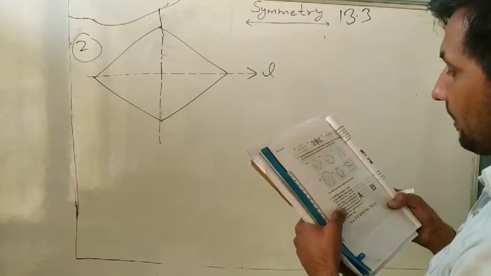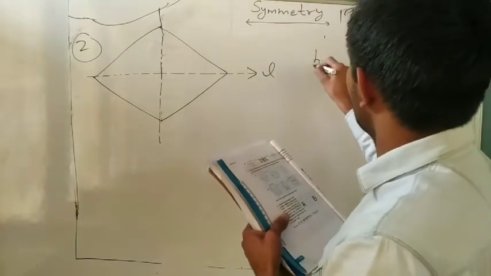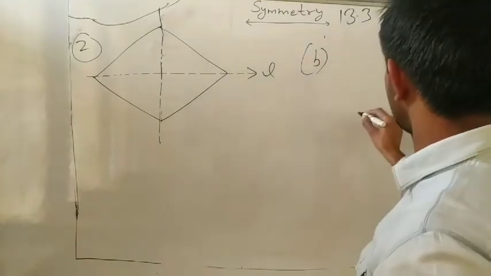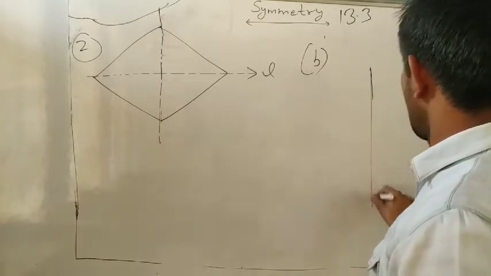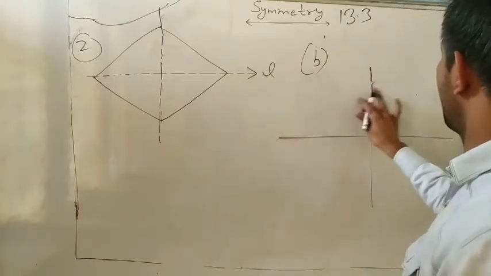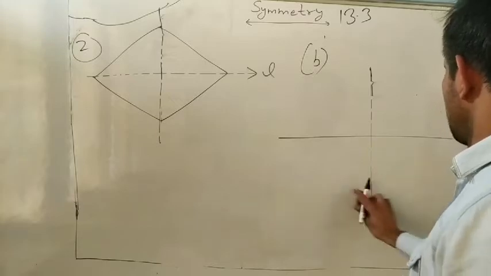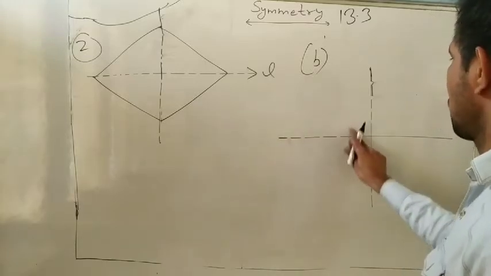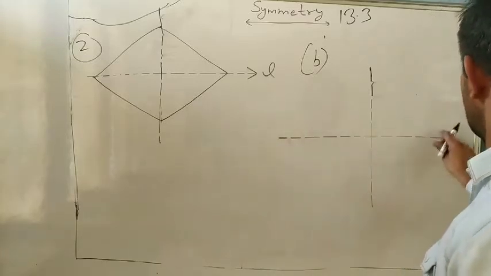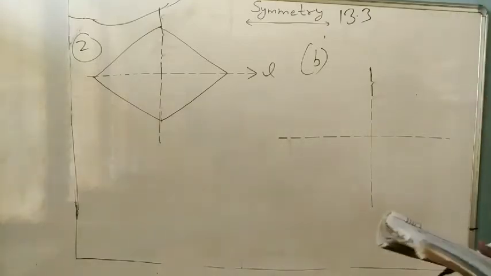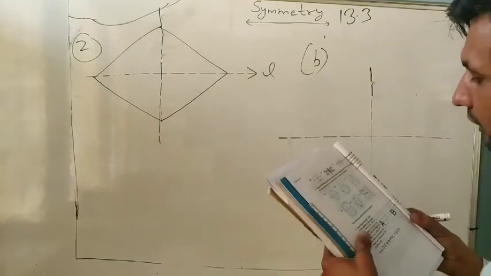Next is B part. In B part, there are 2 lines of symmetry, and this is what is given.